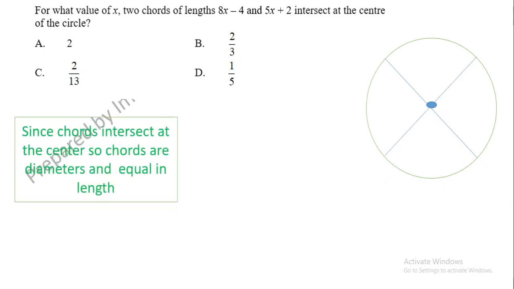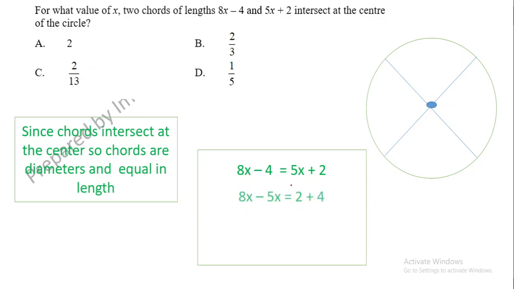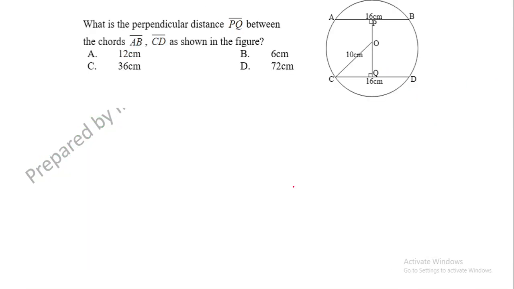So since the chords intersect at the center, the chords are diameters and they are equal in length. So he says that for what value of x, so we have the two chords of this length, so they all are equal. When they both are equal, you can solve them for the value of x. So the value of x will be 2. So where is 2? The option A is the correct one.